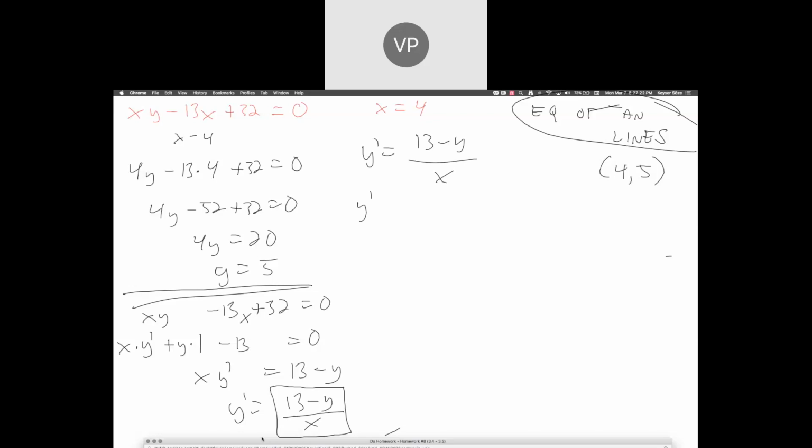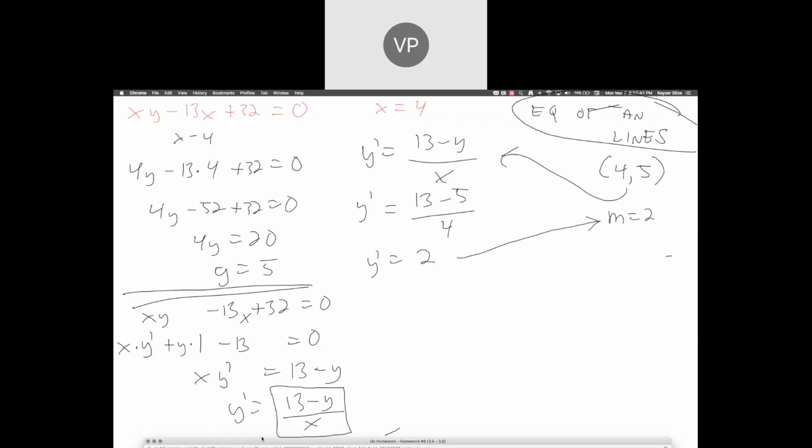Plug in those points, and that's going to tell you our slope. 13 minus 5 all over 4. 8 over 4 looks like we get a 2. So what I do know is that's going to be a 2 right there.